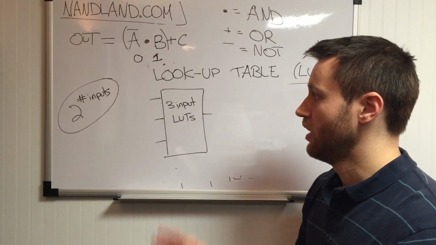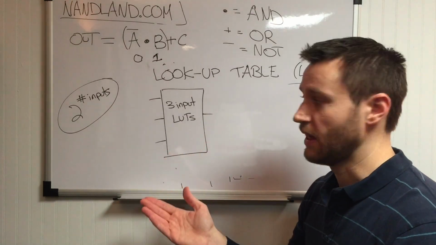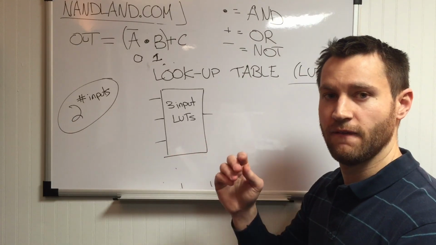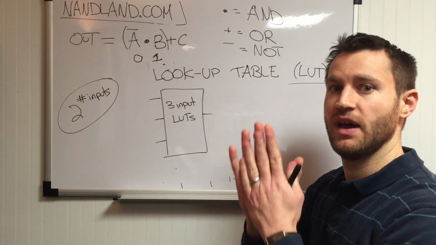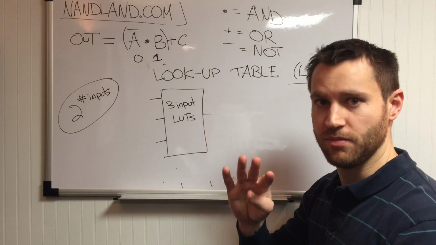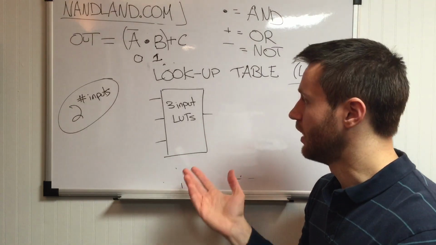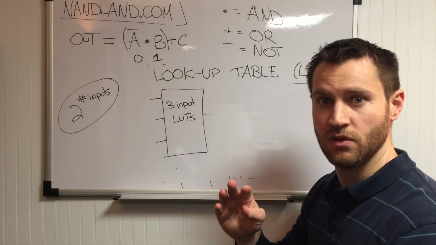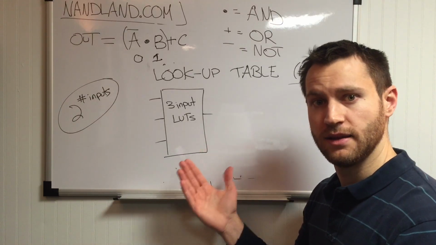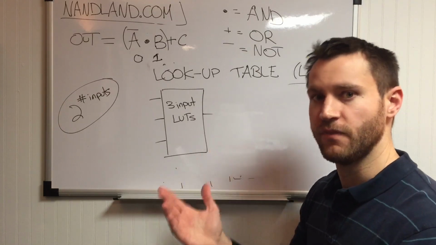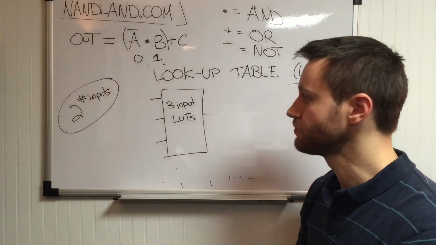So a difference between a 3 input LUT and a 4 input LUT is that a 4 input LUT can take 4 inputs and produce any Boolean algebra output given 4 inputs. So any truth table you can draw with 4 inputs, the 4-input LUT can do inside of an FPGA. Very important piece to understand here.